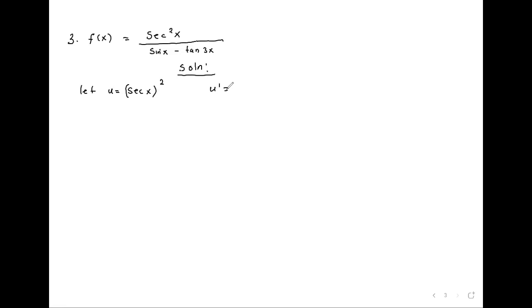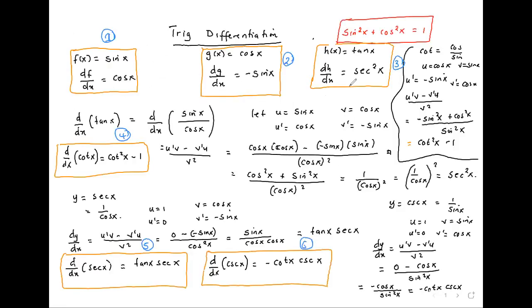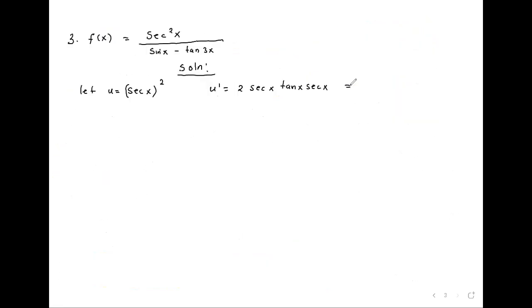To differentiate u, we get 2 sec x to the power 1 multiplied by the derivative of sec, which is tan x sec x. Derivative of sec is tan x sec x. So this is the same as 2 tan x sec squared x.